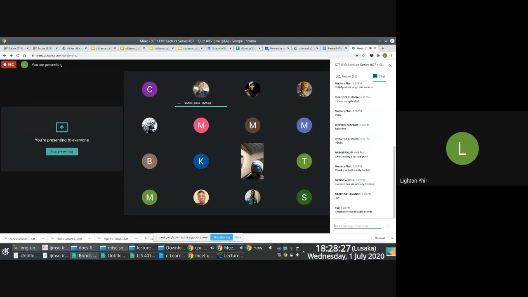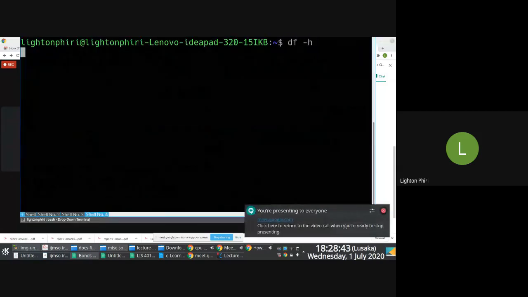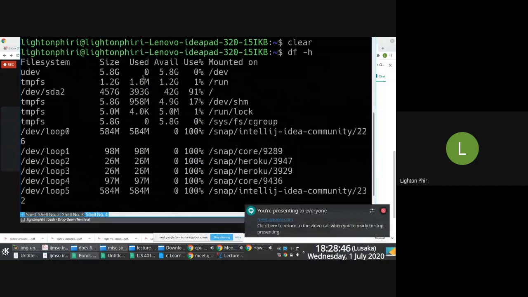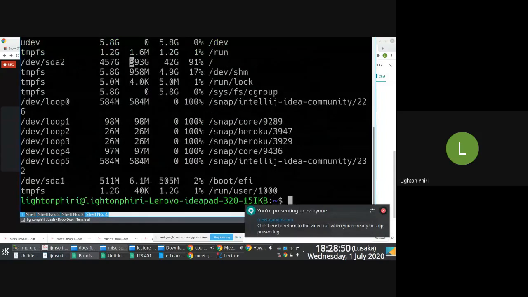Yeah, well, if you're talking about the restore point, that's completely different. Good point, by the way. The thing with the restore point is it's a saved state of the computer. So imagine what I'm doing right now. At this point in time, I have data and instructions amounting to 393 gigabytes.